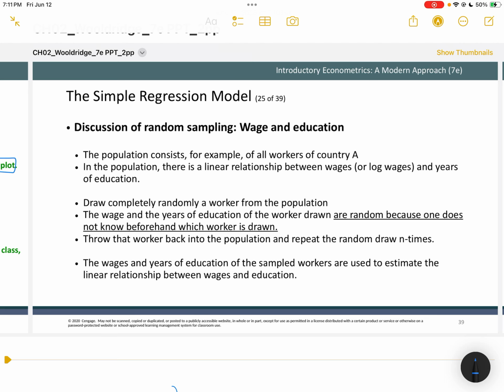What is random sampling? Random sampling means that each data point is equally likely to be picked, right? So we are not going out there looking for particular sets of data to put into our model, but each one has the equal likelihood of being selected.